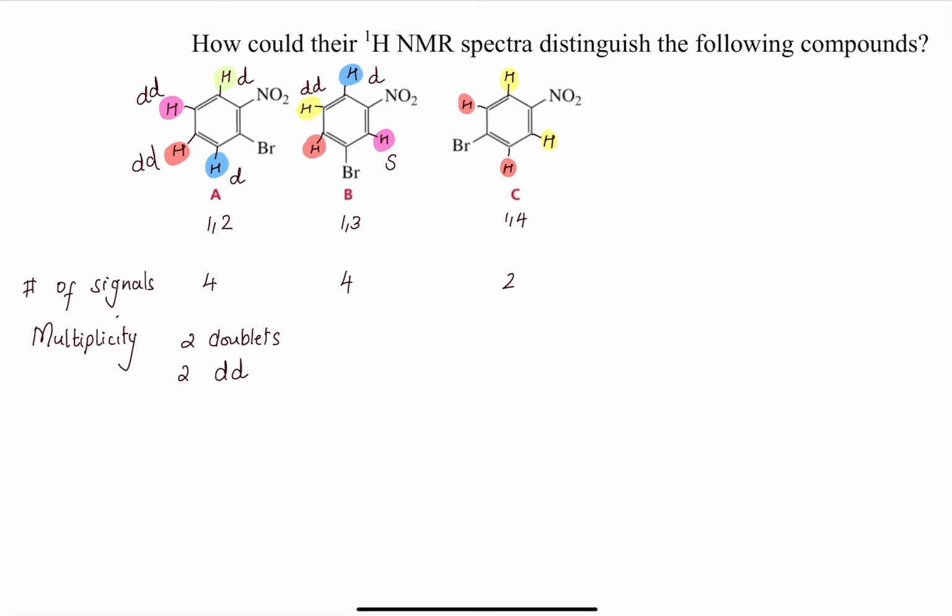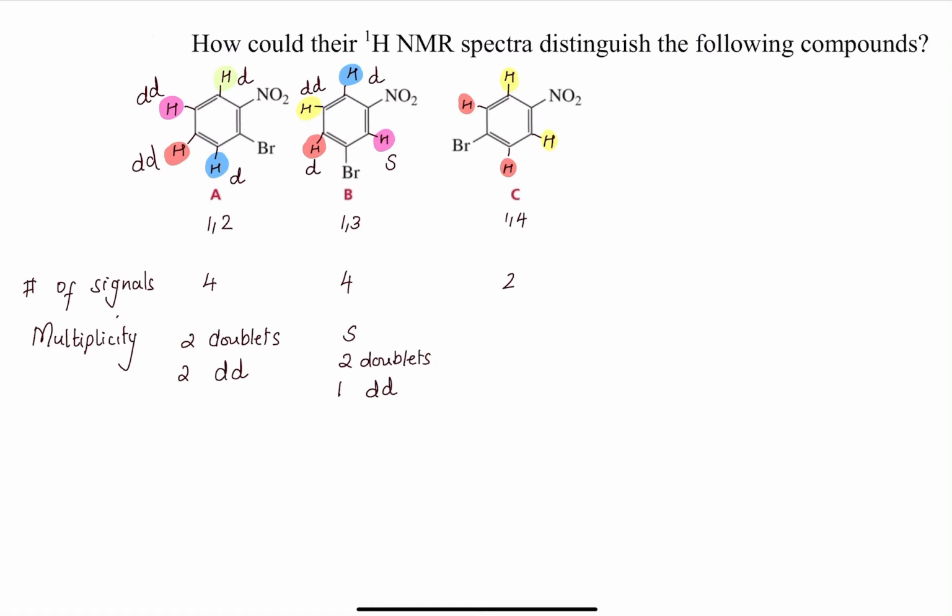So for this compound, the multiplicity of the 4 signals is one singlet, 2 doublets, and 1 doublet of doublets.